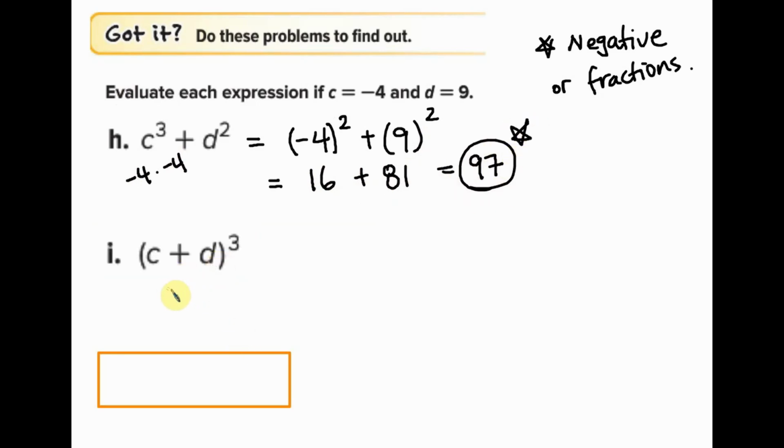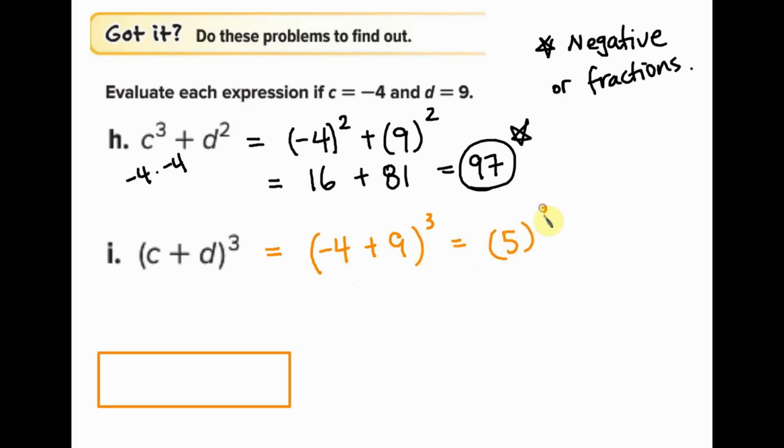The next problem, if you had C plus D to the 3rd power, again, this looks very similar to the last problem where you have to calculate the parentheses first. If I replace, so C was negative 4 plus you had 9 as your D, of this you'll have 3rd power. In this case, negative 4 plus 9 becomes 5.